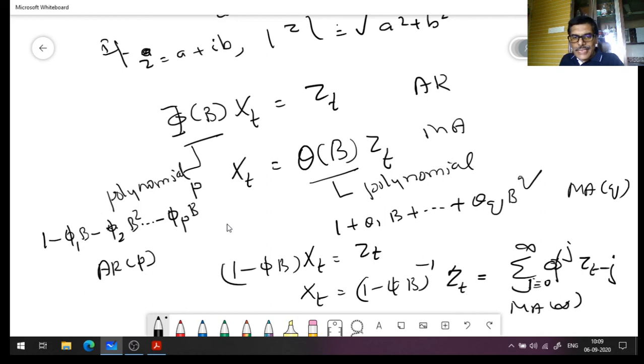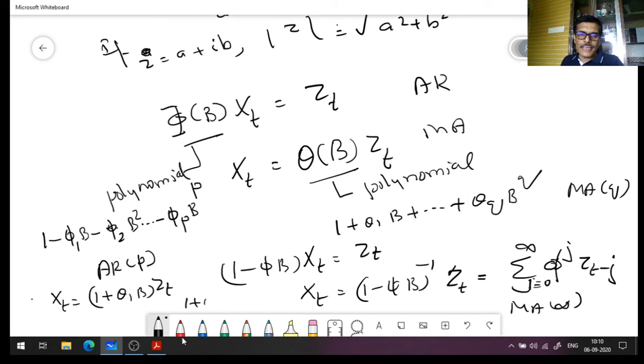So a stationary AR model of finite order is nothing but an infinite order MA model. Similarly, you will be able to write a finite order MA. For example, if it is MA(1), what is this going to be? Xt equal to (1 plus theta 1 B) Zt, isn't it? Zt plus theta 1 Zt minus 1. You take it to the other side, what you will get?